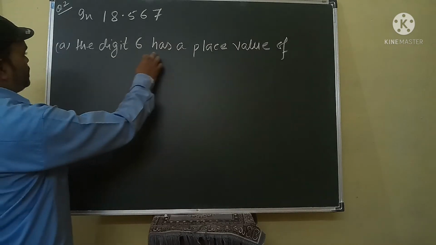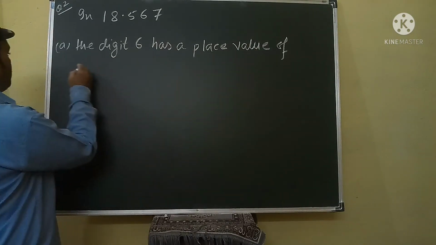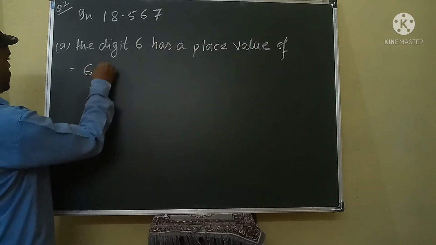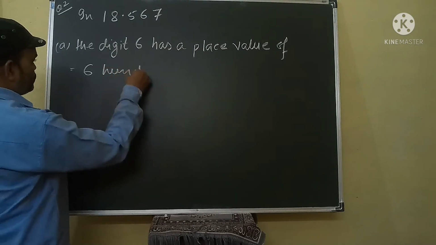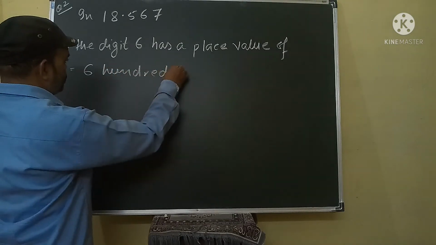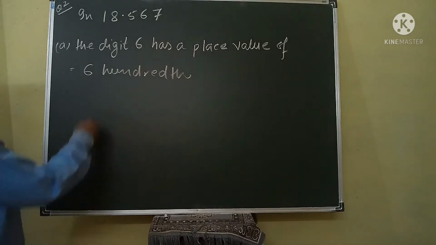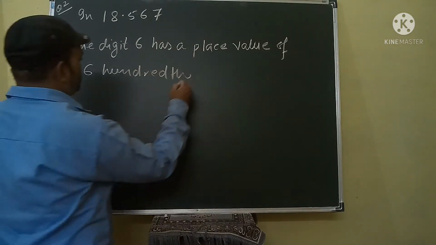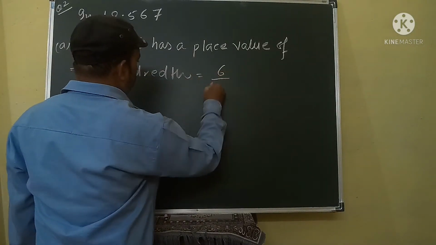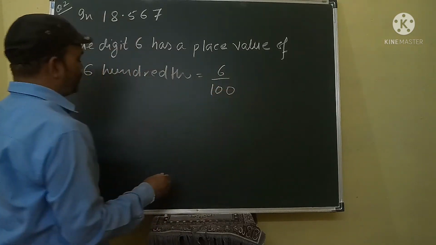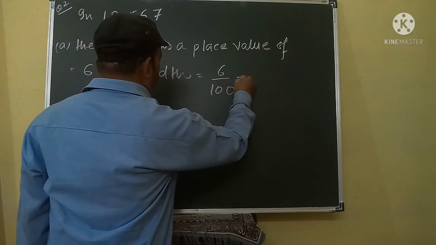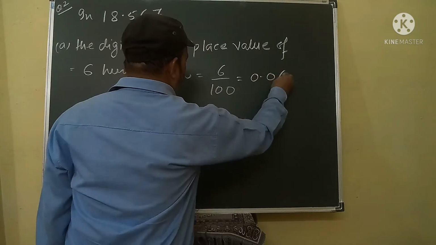So the digit 6 has a place value of 600th, which means 6 upon 100, and 6 upon 100 means 0.06.